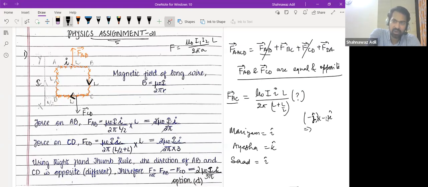Check it this way or check it using the right hand thumb rule. Yes, Aisha, what will you get? I. Good. So this is downward. Fingertip is downward, palm is inside.